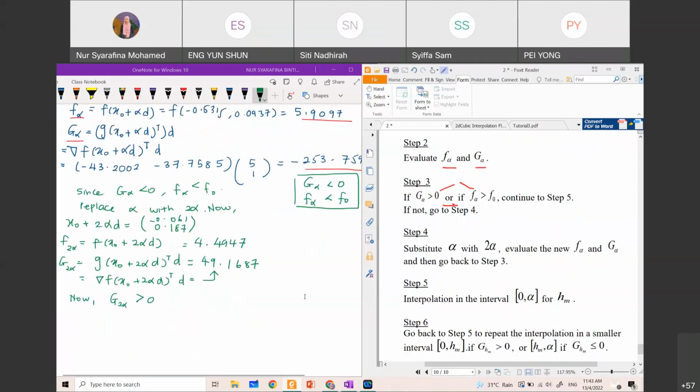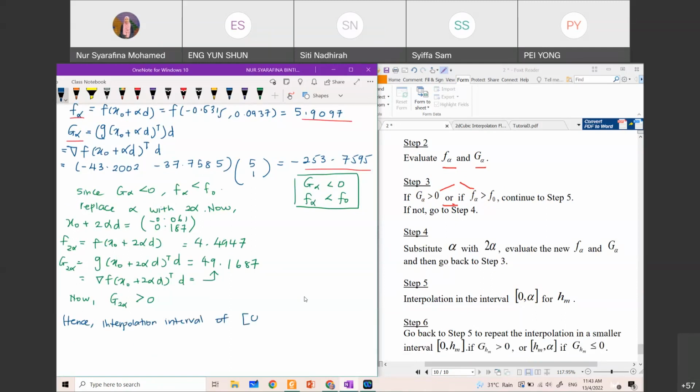So now, hence, your interpolation interval of 0 to alpha equals what? For now, it equals 0.